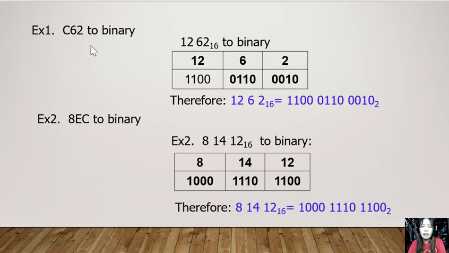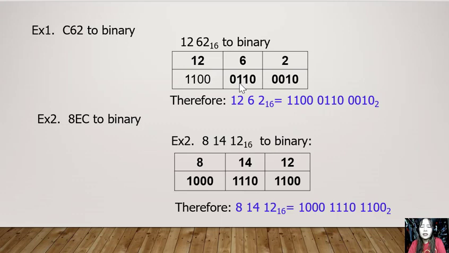So C62 must be converted to 12, 6, and 2, and then individually convert these numbers into its equivalent, remembering the 8421 representation.